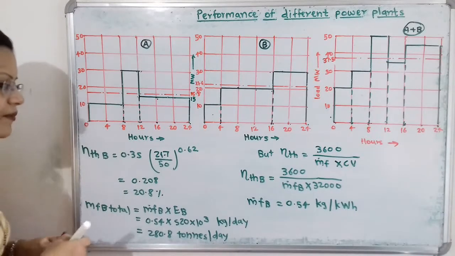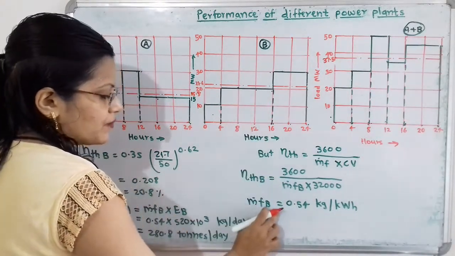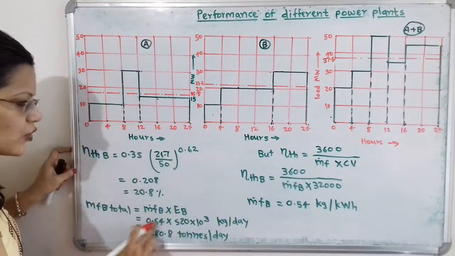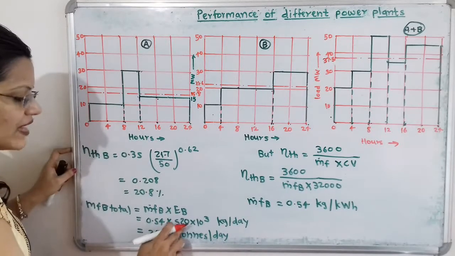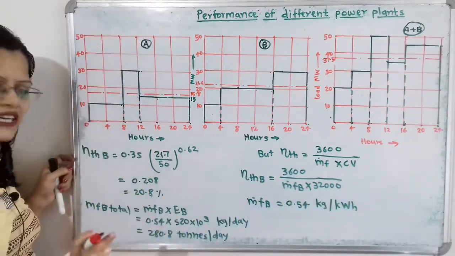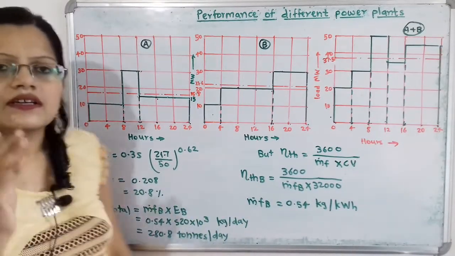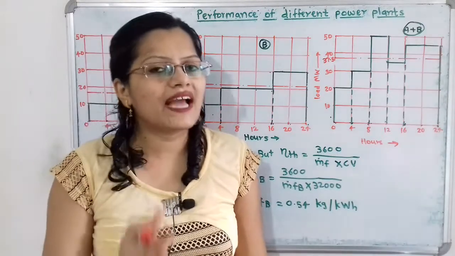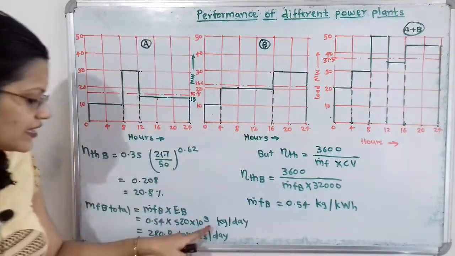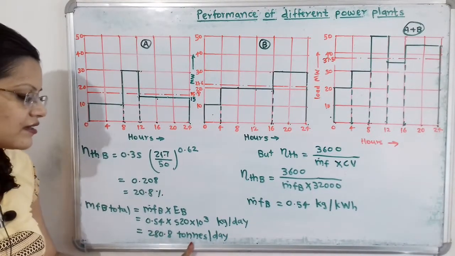So when we multiply these two terms, that is the energy generated multiplied by this mass of fuel supplied per unit time, then here 0.54 multiplied by 520 into 10 raised to 3. So here kilowatt hour is getting cancelled, and it is in kilogram per day. But in question it is mentioned that we have to take the unit as tons per day. So we will divide here with 1000, which is equal to 280.8 tons per day.